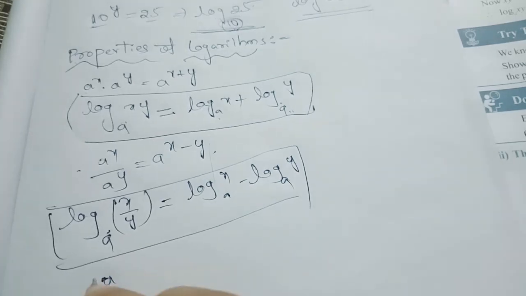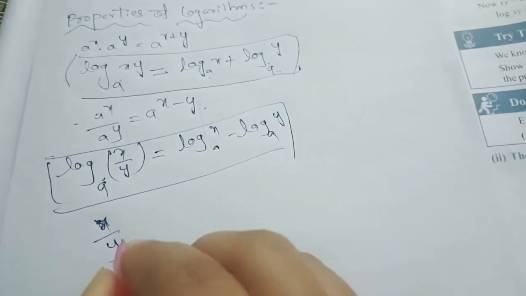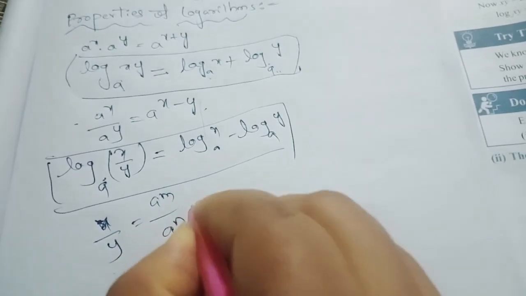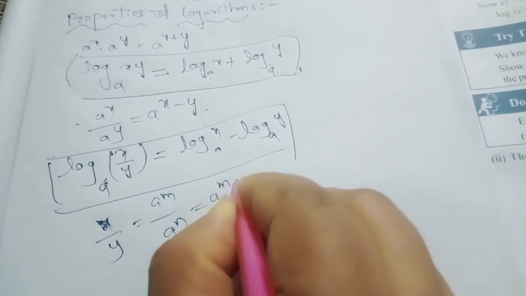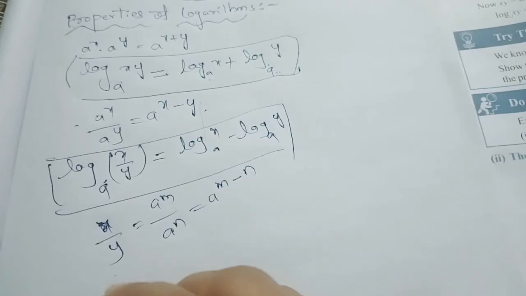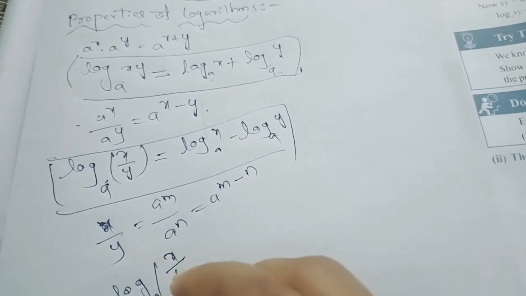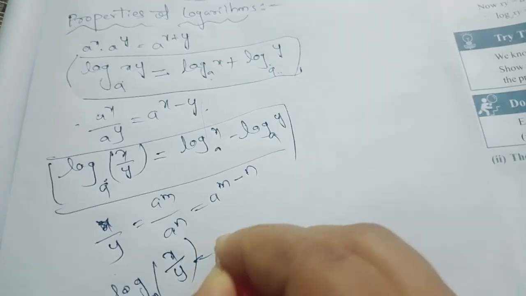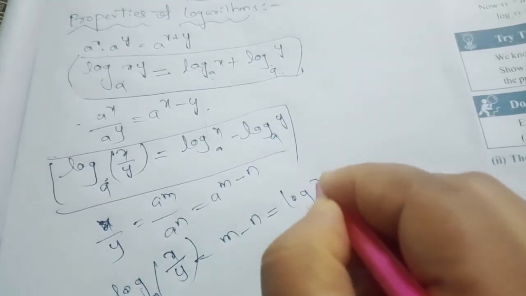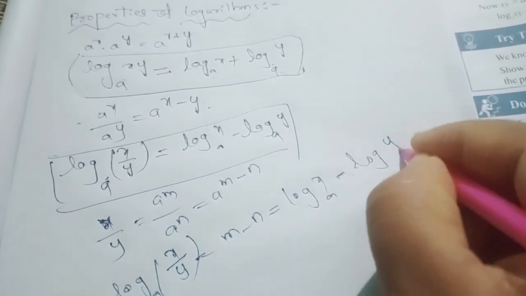a power m by a power n is equal to a power m minus n. So we can apply logarithm: log x by y base a is equal to m minus n, which is equal to log x base a minus log y base a.